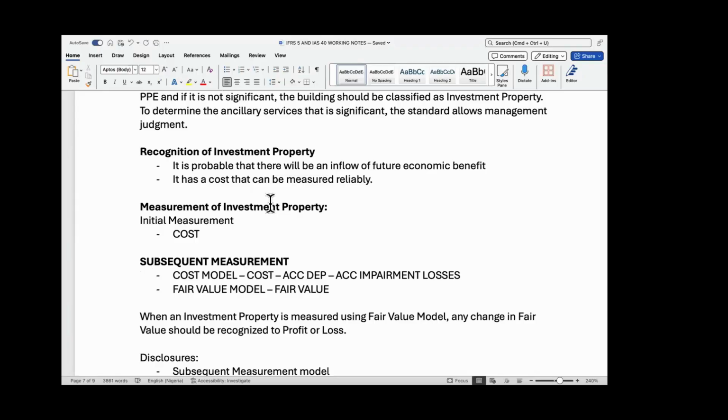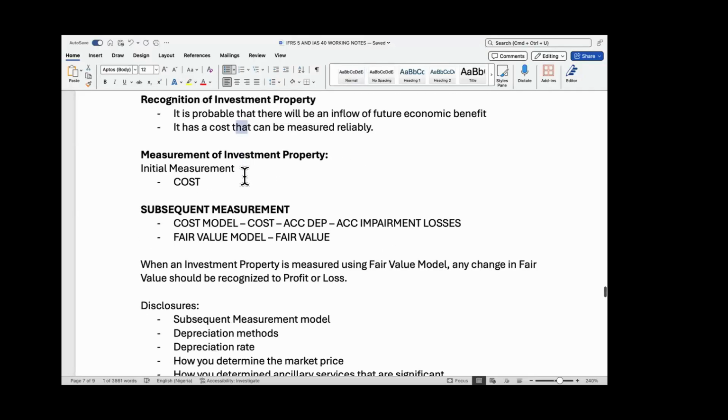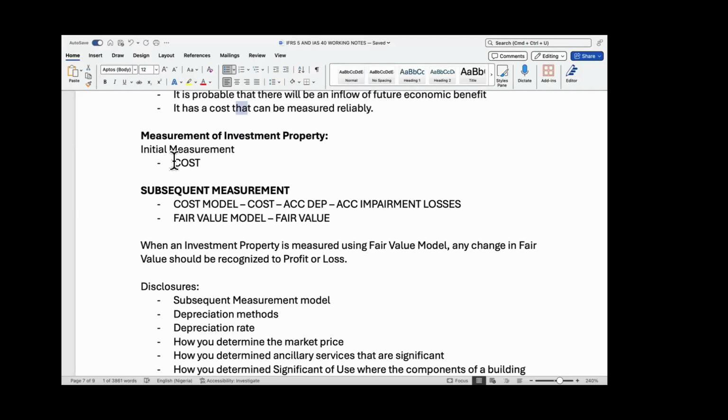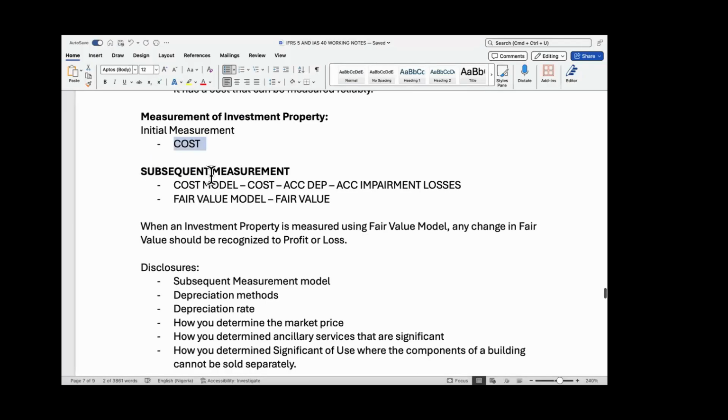Having established that a building or a land is an investment property, you can only recognize this if it will generate inflow of economic benefits and if it has a cost that can be measured reliably. When you want to measure an investment property, it is initially measured at cost, and it is subsequently measured either using the cost model or fair value model. The cost model is cost minus accumulated depreciation minus accumulated impairment losses.